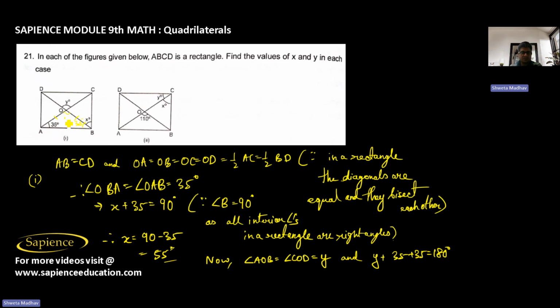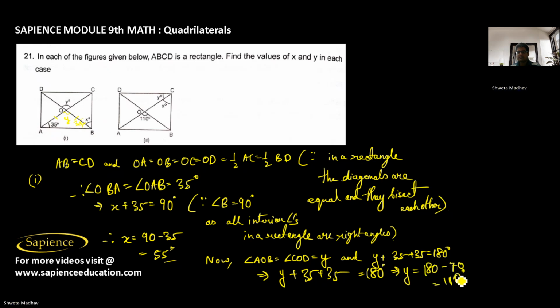So y plus 70 is 180, and y will be equal to 180 minus 70, that is 110. So y is 110 and x is 55.